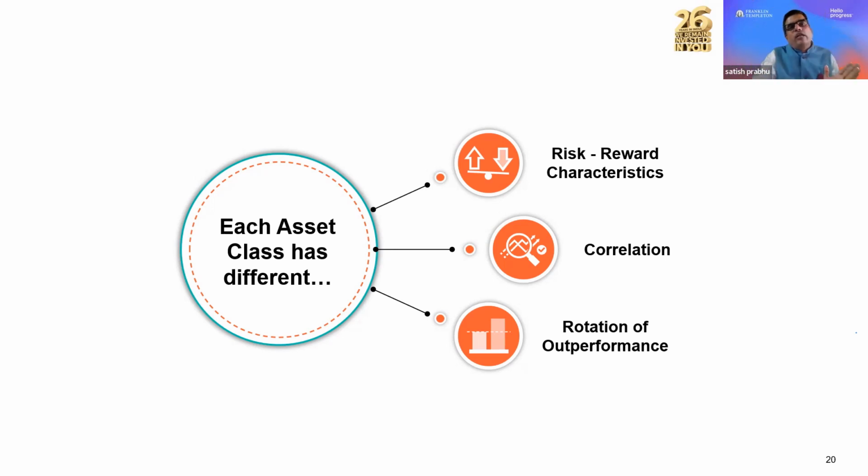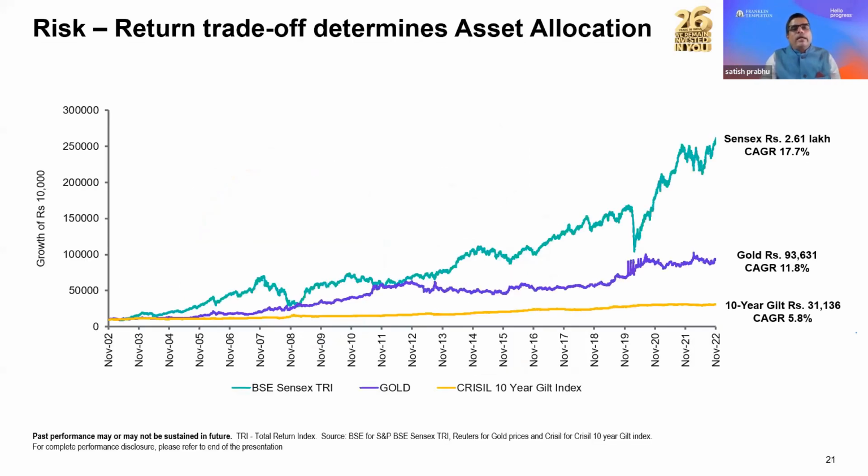Lower to negative correlation is a better fit for asset allocation, and I'll show you a few numbers. We have already spoken about rotation of outperformance, when we saw that sometimes it's equities, sometimes it's gold. No asset class can give you consistent returns, so there is always a rotation of the best performing asset class. These are some of the characteristics you ought to keep in mind.